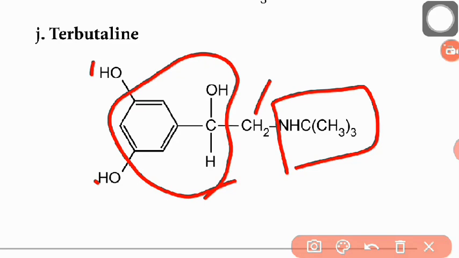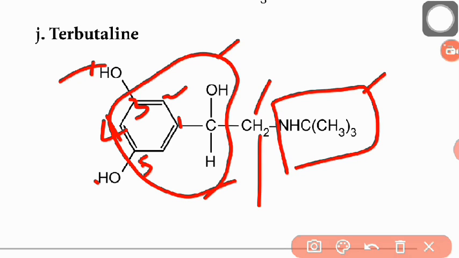Sorry, 3,5 dihydroxy group. 3,4 means it should be very close. 1, 2, 1, 2, 3, and then 5. So this is 4. So a 3,5 dihydroxy group is there. Okay, so we have to consider the four names again: the benzyl alcohol substitution, tertiary butyl amino, the methyl group, then the 3,5 dihydroxy group. So these are the naming characters you have to consider while giving the name for this.